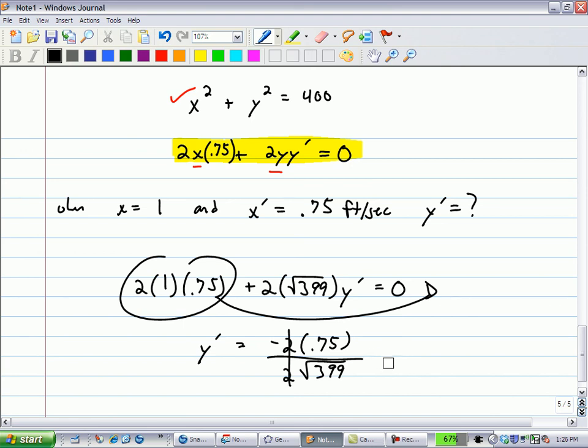So y prime equals, what'd you guys get? Negative 0.037. And what were the units on x prime? They're in feet per second. So we're at feet per second here.